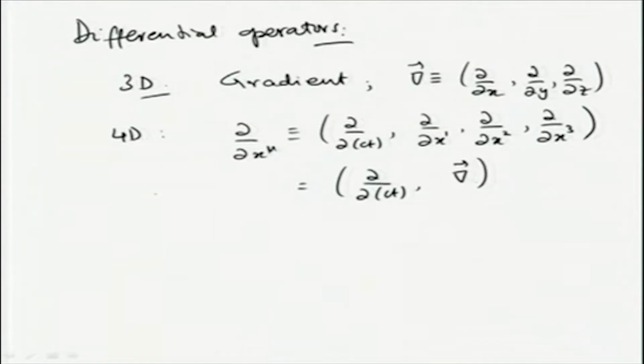This is one way of doing it, and the other is with μ as a subscript on the x, which is basically x_μ covariant.